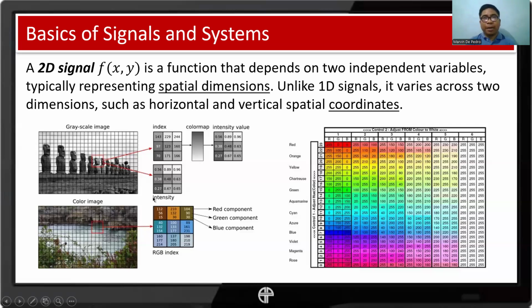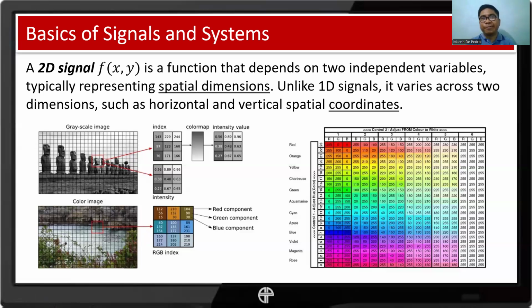So it's very important that we differentiate the pixels from one another in terms of their spatial dimension, because that's the core principle that we manipulate when it comes to image processing.